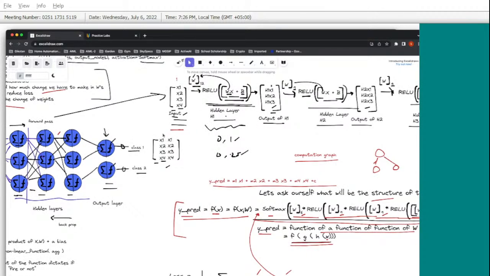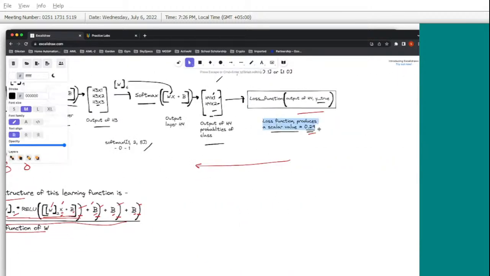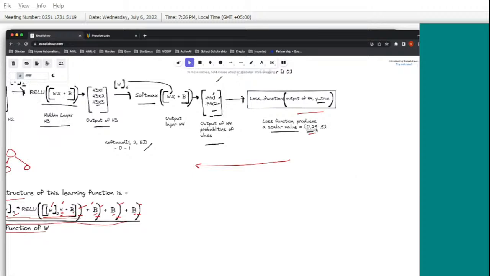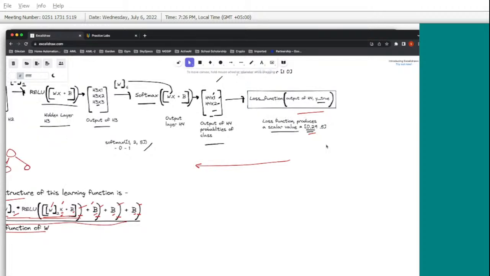Each row represents a sample. The loss will then not be a scalar, it will be a matrix again. For the first sample my loss was 0.29, for my second sample it is 0.5, and then you can aggregate them.